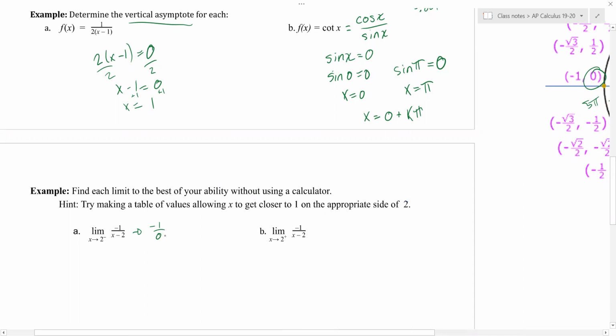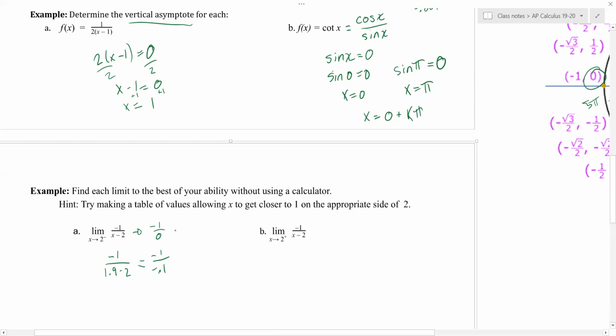So that's telling us that we're going to be approaching positive or negative infinity. To determine the sign, we have to plug in numbers close to 2 from the left. So what's a number close to 2 from the left? 1.9. So we'll get -1 divided by 1.9 minus 2. That's equal to -1 over -0.1.